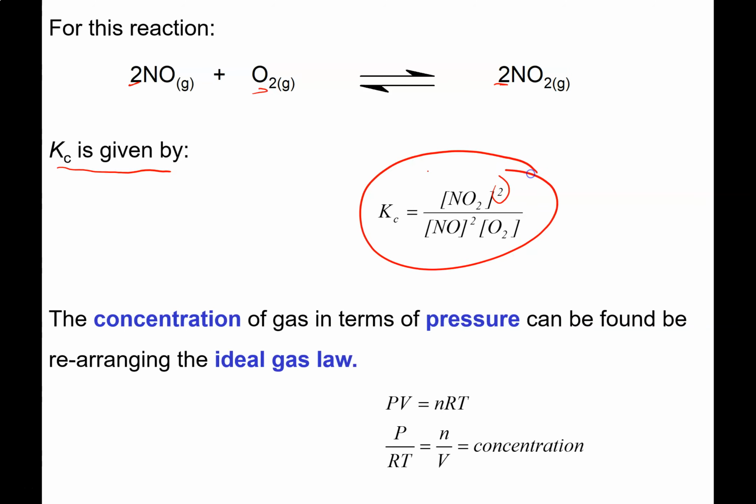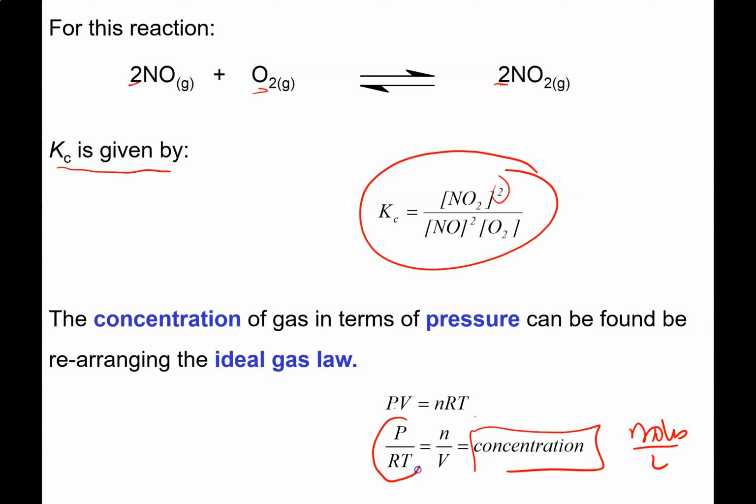So that's Kc. Now, it's worth noting that from the ideal gas law, we can express a concentration in terms of the pressure and the temperature. PV equals nRT, dividing both sides by V and RT, we end up with P on RT equals number of moles on volume, which is just the moles per liter, or the concentration.